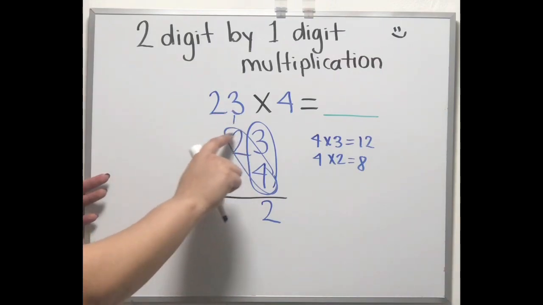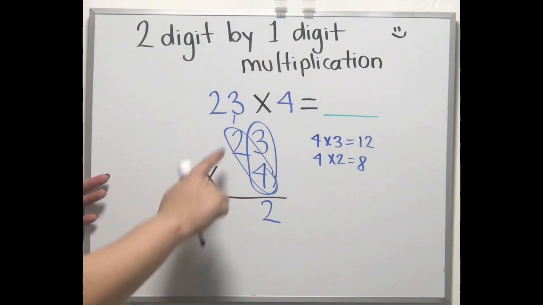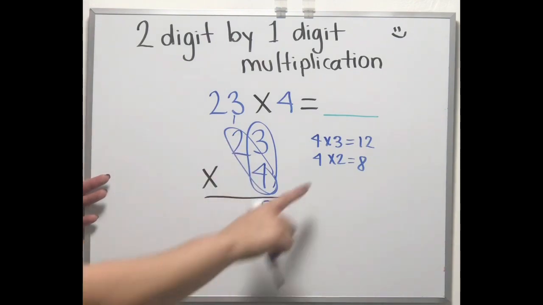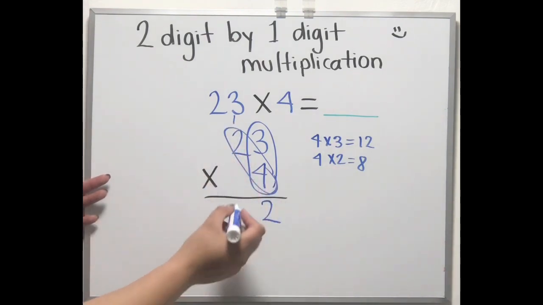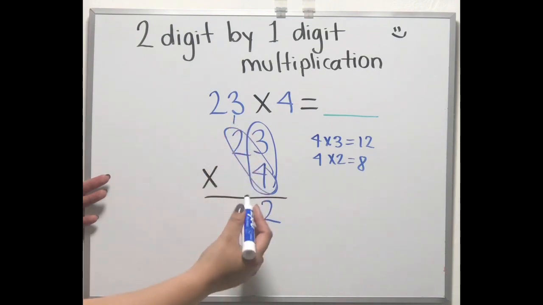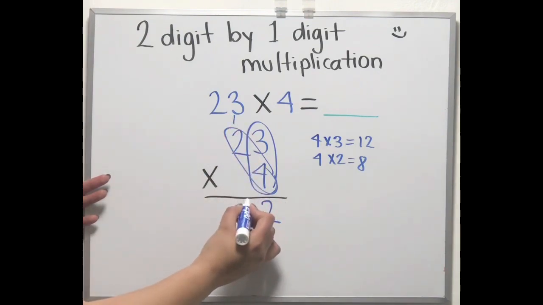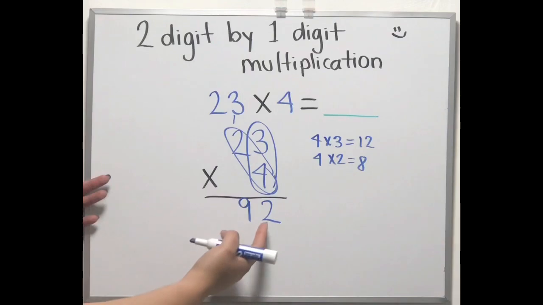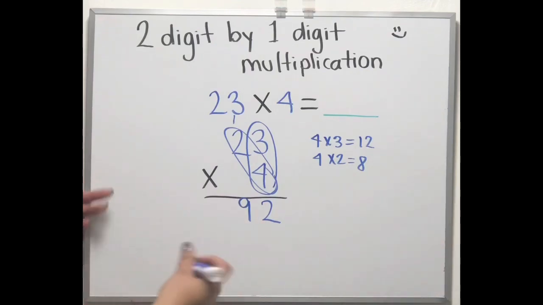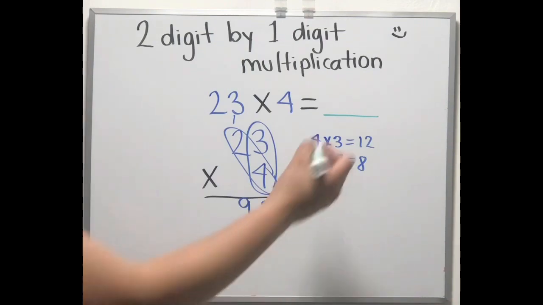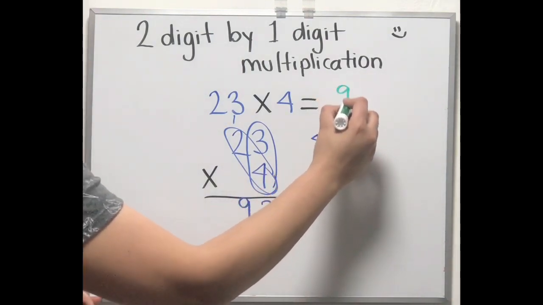Always, the numbers you carry right here, you're going to add them to your answer. Okay, so that one was 8 plus 1. I give you the answer. And then you put the 9 right here. So your answer, your product is 92 for this one.